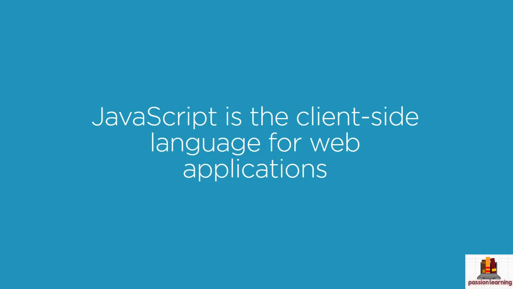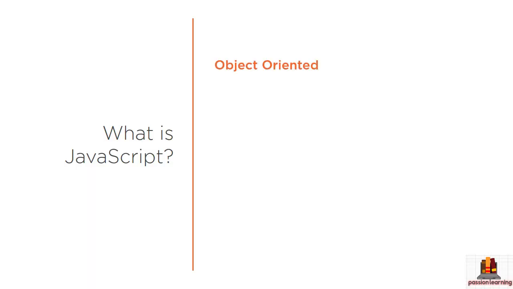Well, JavaScript can be used for a variety of different applications. For our needs, JavaScript is going to be the client-side language for our web applications. In the browser, the main language, the language that almost everyone uses for client-side development, is JavaScript. And that's what we're going to focus on. So JavaScript itself is object-oriented.